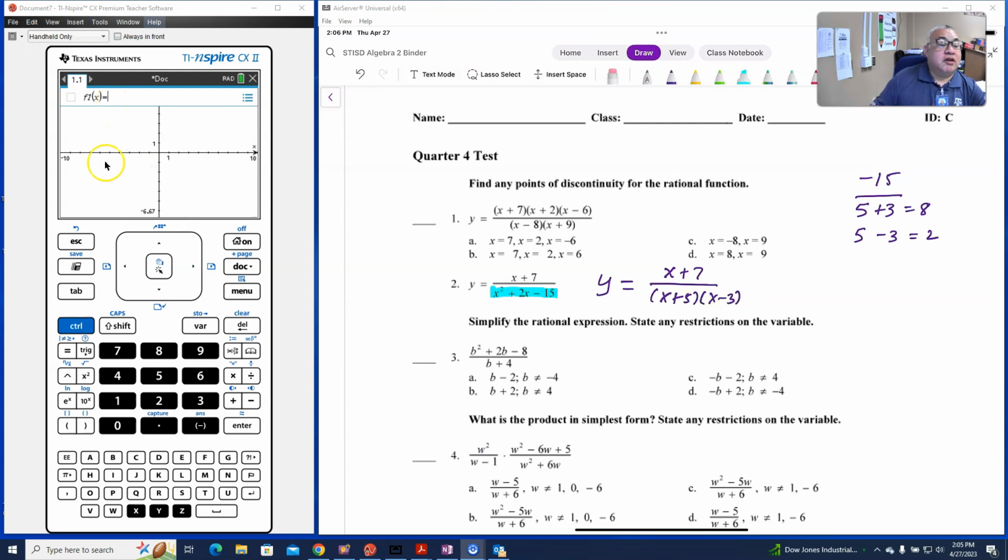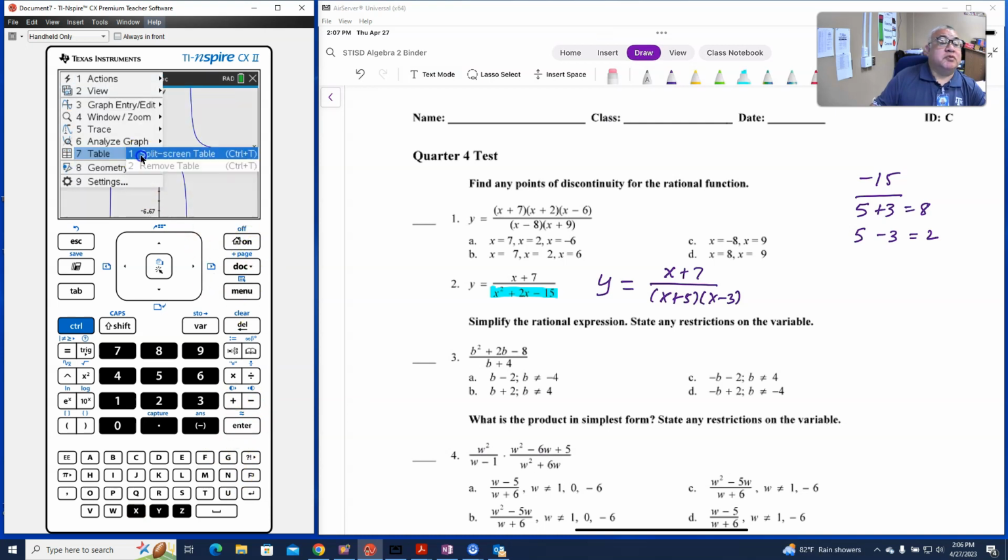So we're going to go to our calculator, and we're going to look at the table. So we have x plus 7. And then our denominator, we have x plus 5. And we also have x minus 3.